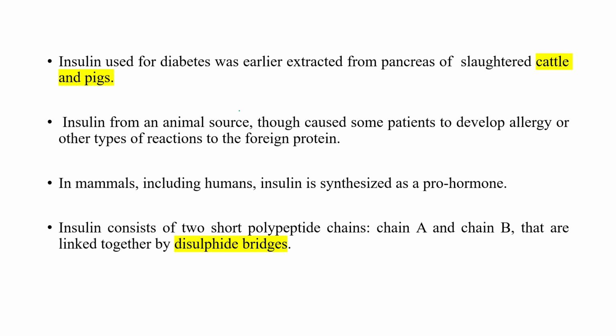So initially, with the help of biotechnology, in the initial days, insulin was isolated from the pancreas of slaughtered cattle and pigs. But as you know, this insulin was isolated from sources other than human, means cattle. So some patients showed some kind of allergic reaction, because their body found it as a foreign particle. So because of the non-self reaction, some allergic reaction was there in their body, right?